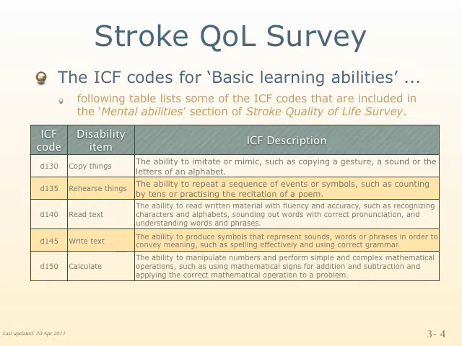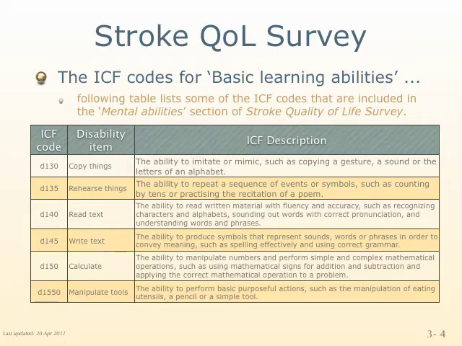Then there is the Calculate disability item, which corresponds with ICF code D150, or the ability to manipulate numbers and perform simple and complex mathematical operations, such as using mathematical signs for addition and subtraction and applying the correct mathematical operation to a problem.